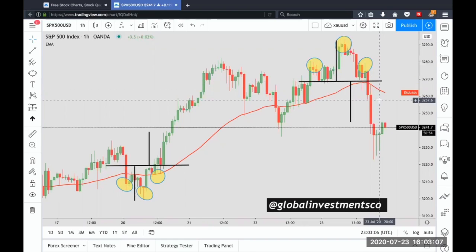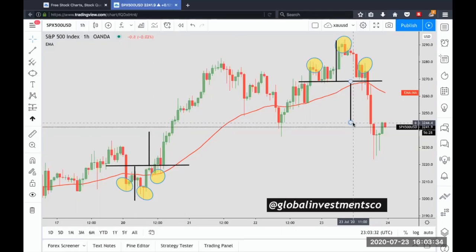And as you can see, we have a distance drawn from the head to the neckline, and then we have a vertical line drawn from the neckline down, which is going to be the same distance if you get a clear, valid head and shoulders market pattern. So that's one of the main things we wait for, is just the clear breach and then the hold. Then we get our entry.